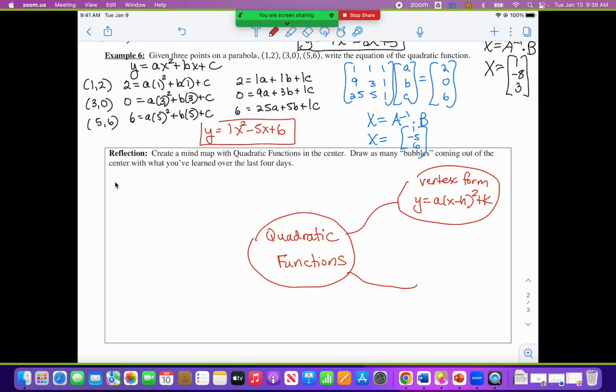So as I'm walking around, I'm seeing general form, intercept form. What else? There's more that we've learned than those 3 things.